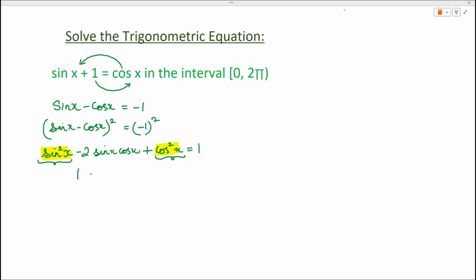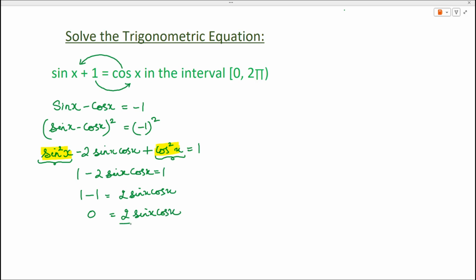And now this equation turns out to be 1 minus 2 sin x cos x is equal to 1. And this now can be simplified as 1 minus 1 is equal to 2 sin x cos x. So 0 is equal to 2 sin x cos x.